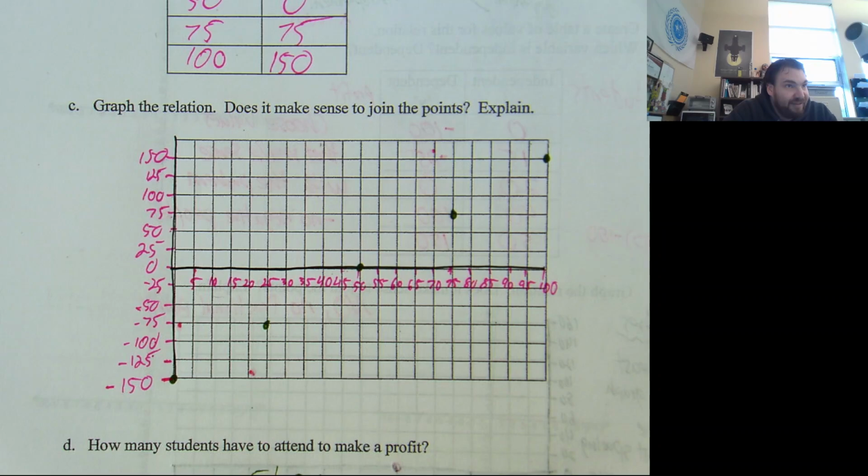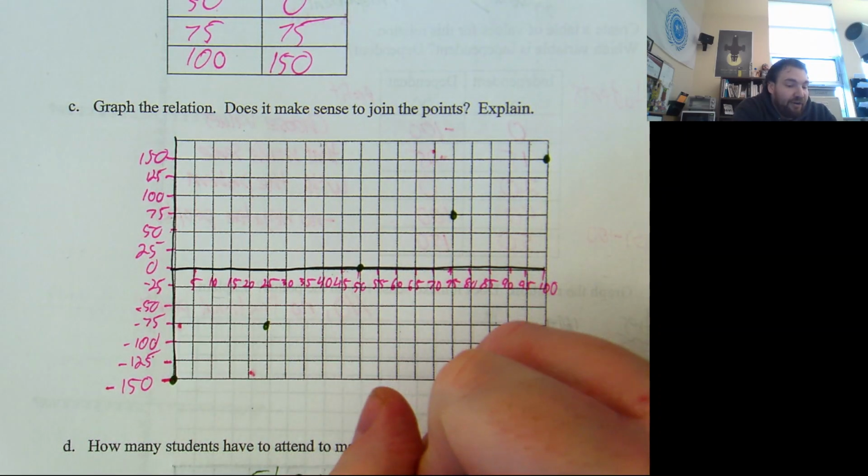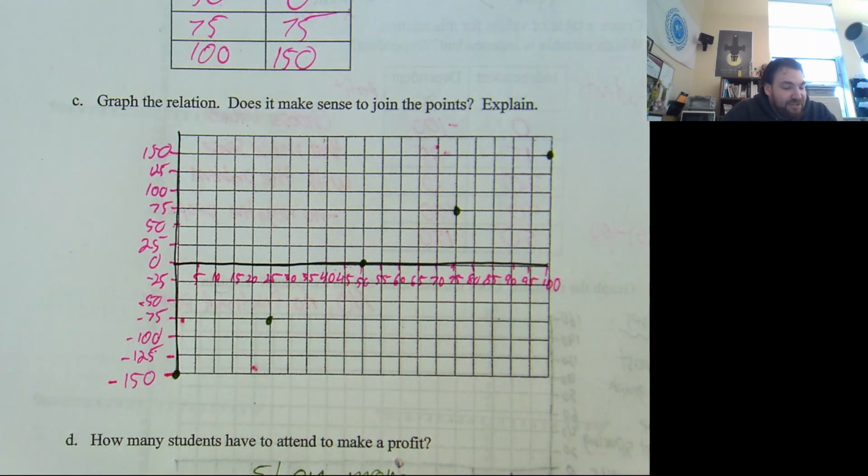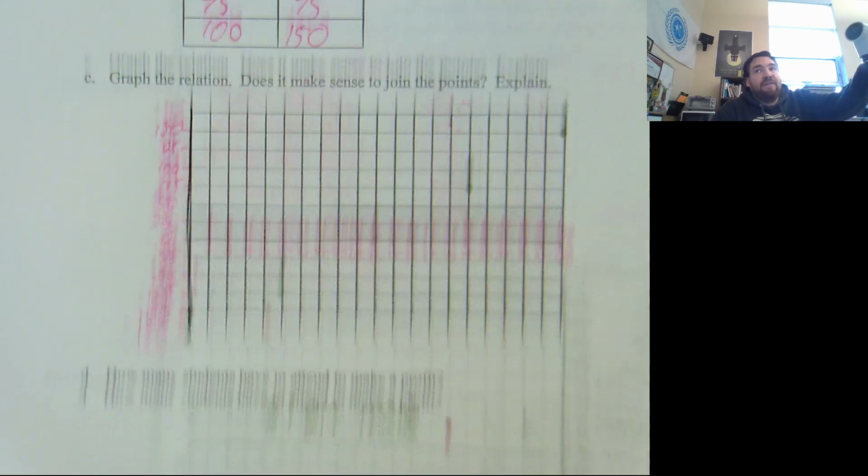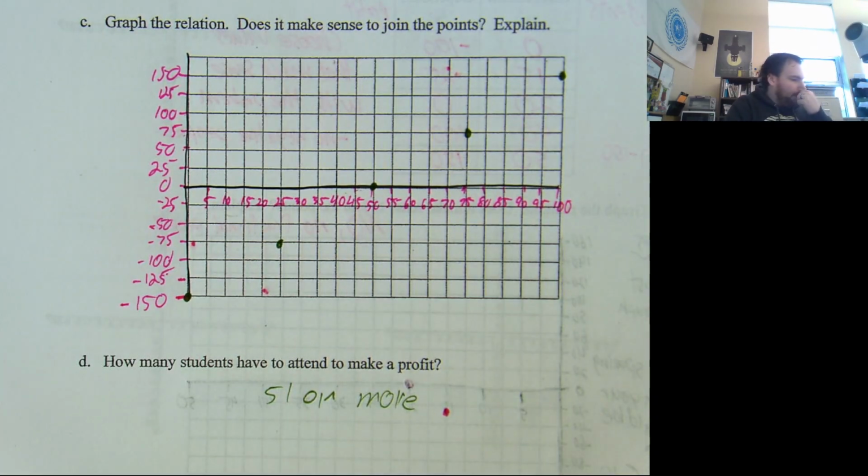No, that's not a 4-letter M word. It starts with an M. Sorry, Brielle? I thought you said something. More, I heard. How many students to attend your party? At least 51. 52, 53, 54, anything more than 50. We'll do it. Okay, I've got one more example for you and then I'm done.